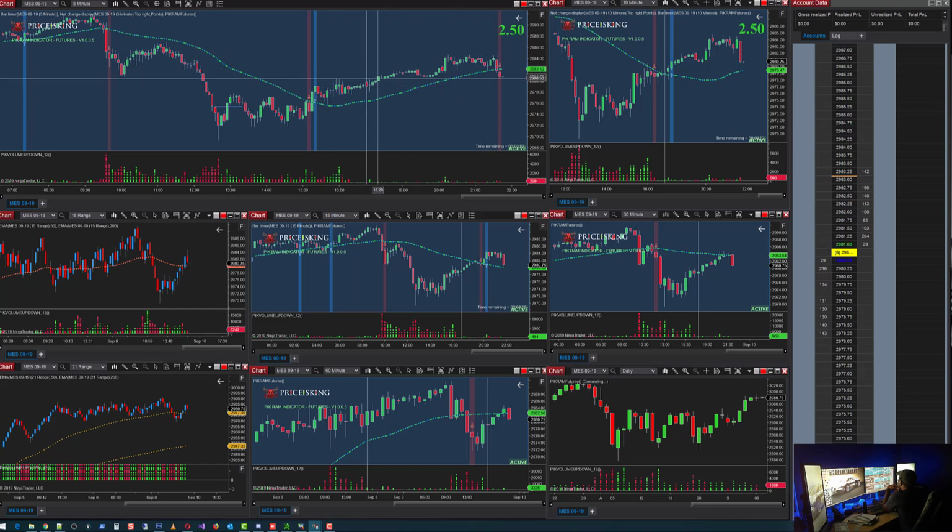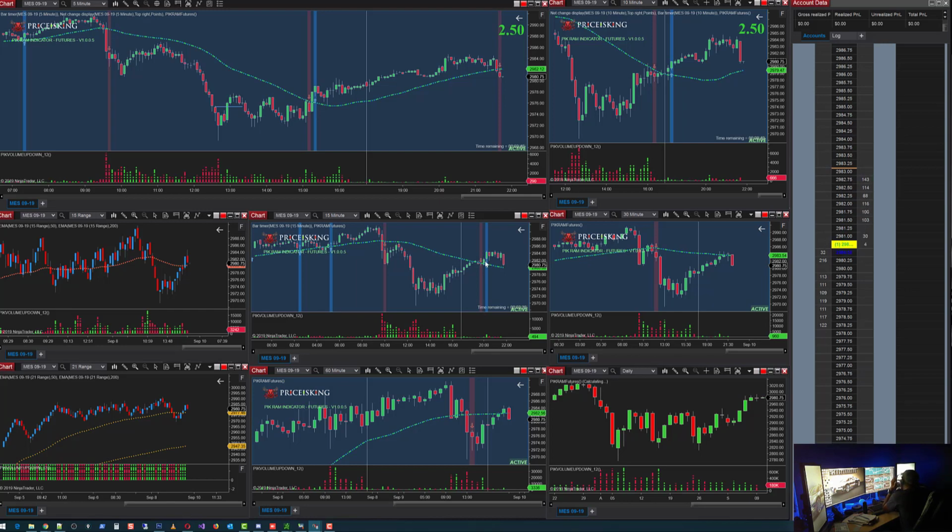This is on the 5-minute chart. You had a similar situation on the 10-minute. You had the 15-minute that gave you a nice leg down, and right now it's showing like it's on the way up again.